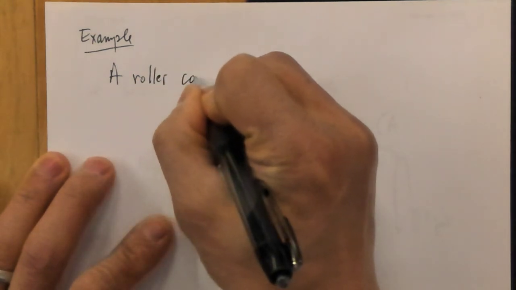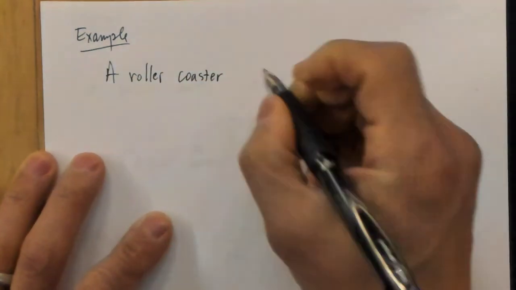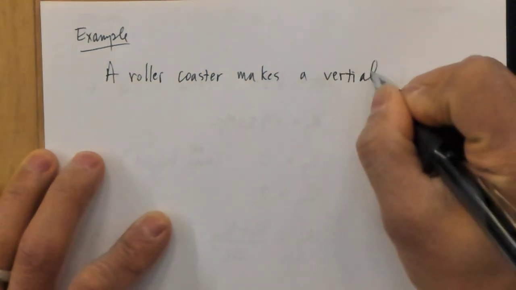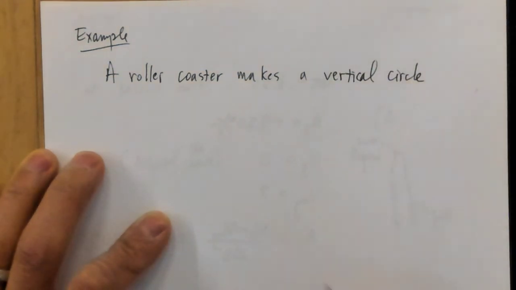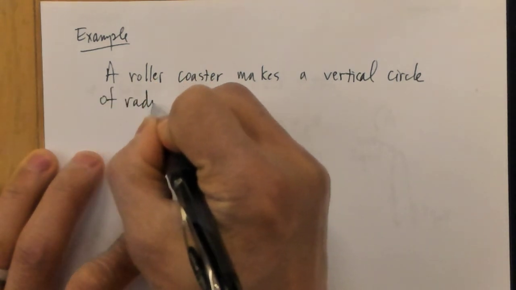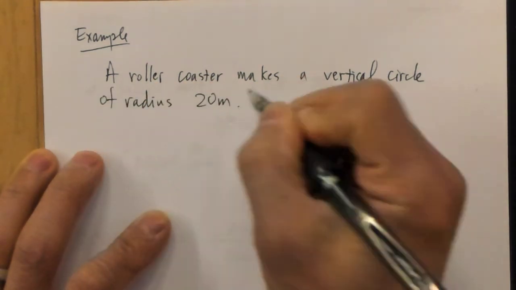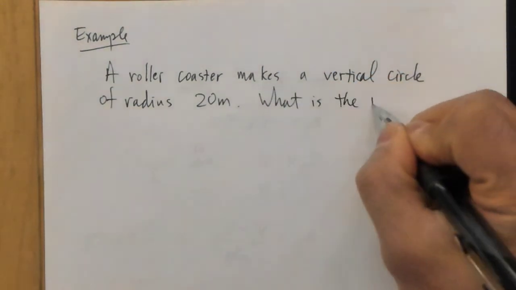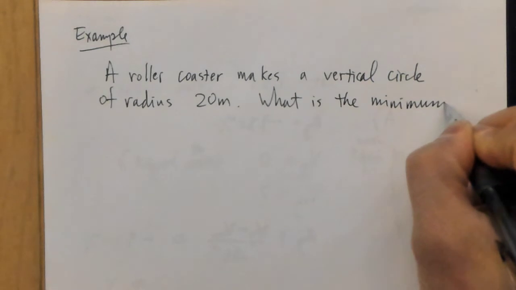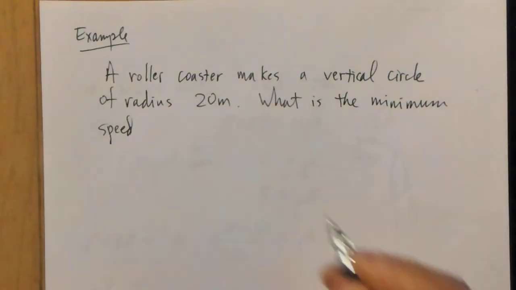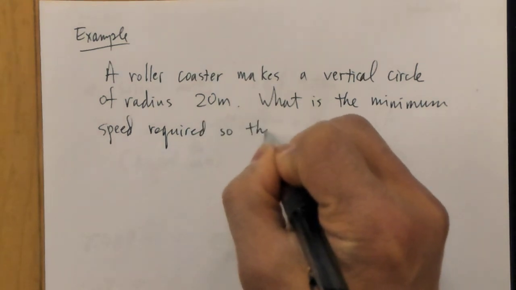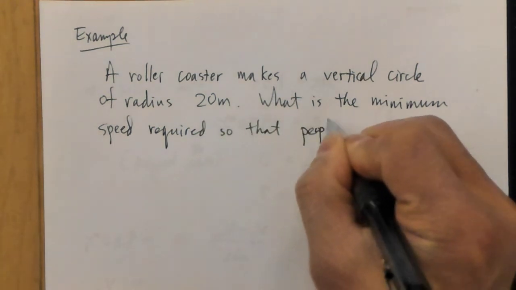All right, the question is, a roller coaster makes a vertical circle of radius 20 meters. And the question is, what is the minimum speed required so that people basically don't die?